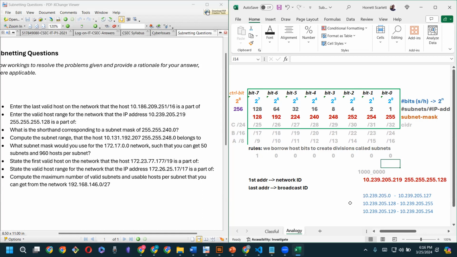Would it be 32,768? No, not the number of hosts. I want to know the total number of patterns.